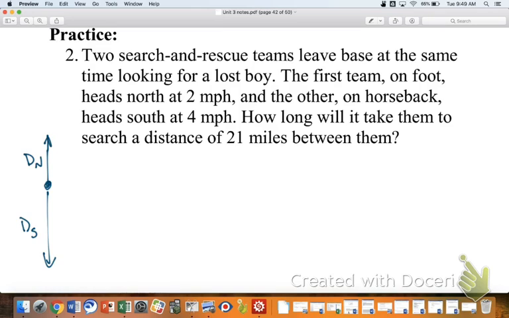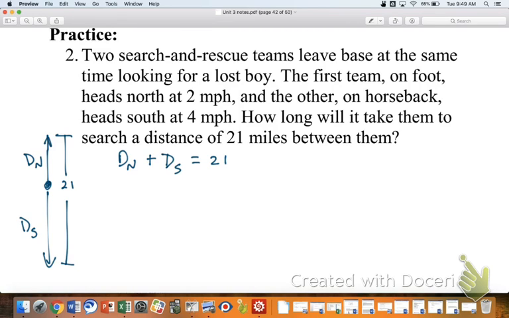Question says, how long will it take them to search a distance of 21 miles between them? That tells me that at the end, there should be 21 miles from one group to the other. So from a relationship perspective, I would say distance of the team that went north plus the other team's distance equals 21. Does that make sense?